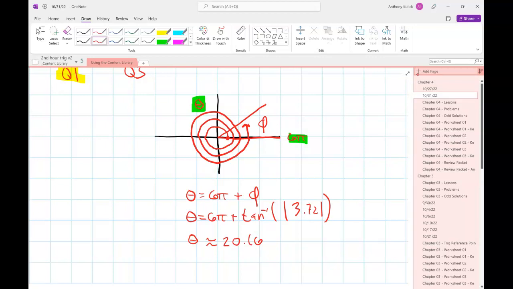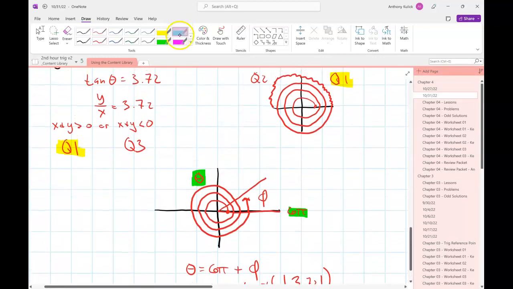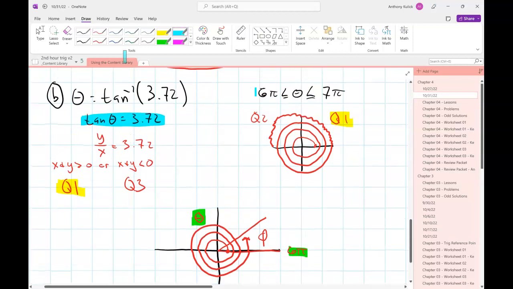I'm going to point out to you guys that these problems are checkable on your calculator. Can I show you how to check this on our calculator? There's two things that I want to check. I want to make sure when I plug theta back in, I get 3.72, and that my answer is between 6 pi and 7 pi.